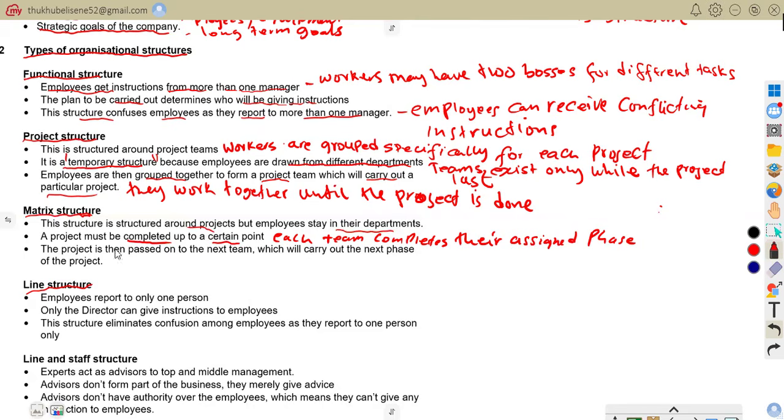That is that. A project is then passed on to the next team, which will carry out the next phase of the project. Means to say, each department completes a phase, then hands over.